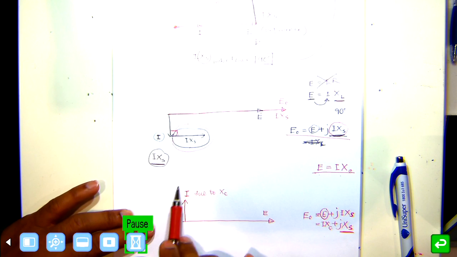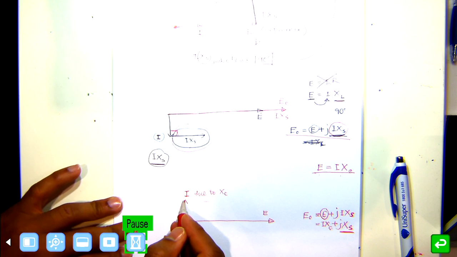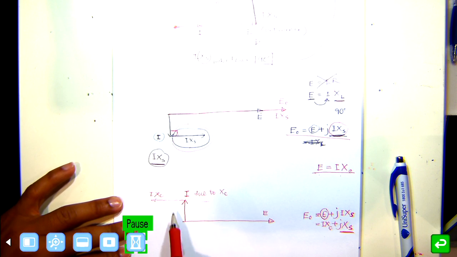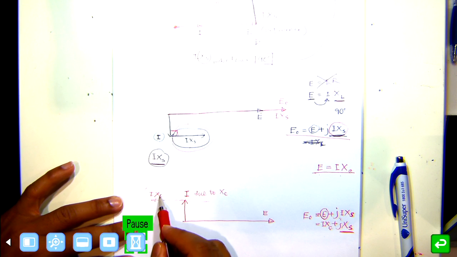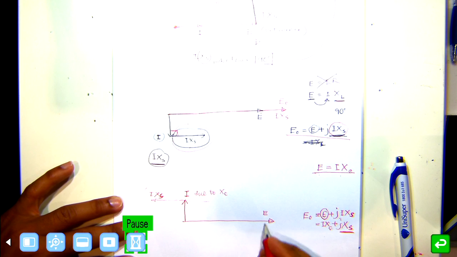So if this is I, what will be my IXC? You remember IXL was this way? So IXC will be here. This will be my IXC. But like before, we don't draw it here, because in the equation you have to draw it here, IXS.